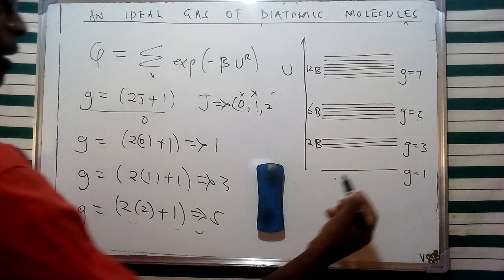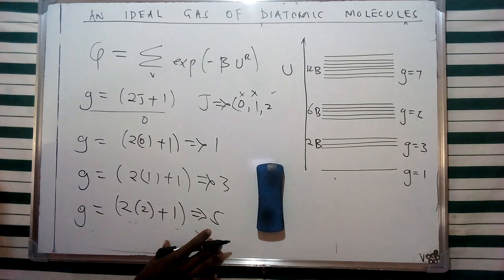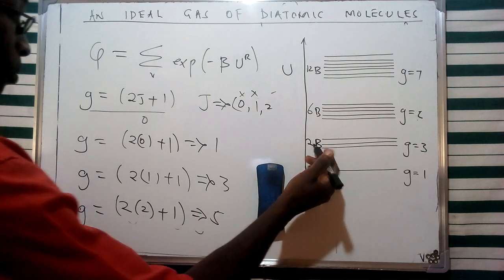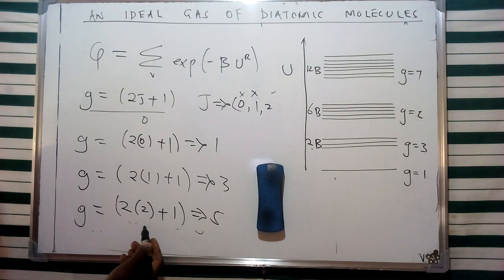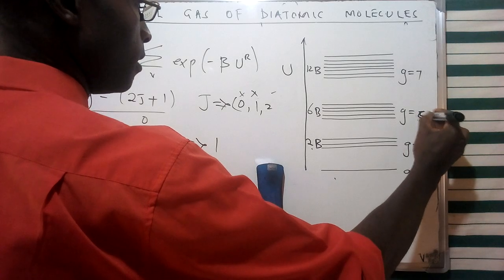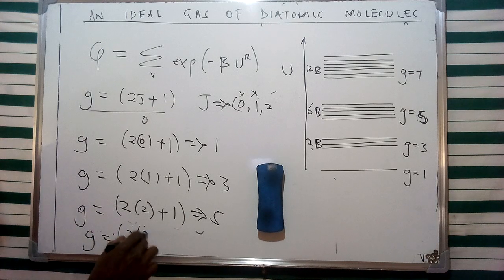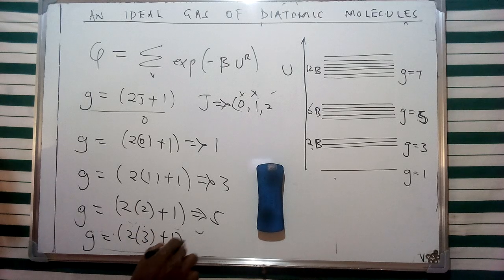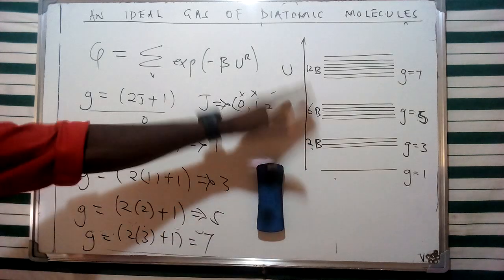So whenever J is equivalent to 2, we have this value for g given as 5, and this is a state at this specific point. And then whenever J is equivalent to 3, we're going to have 2 times 3 plus 1, and this is equivalent to 7, in that order, going up that level.